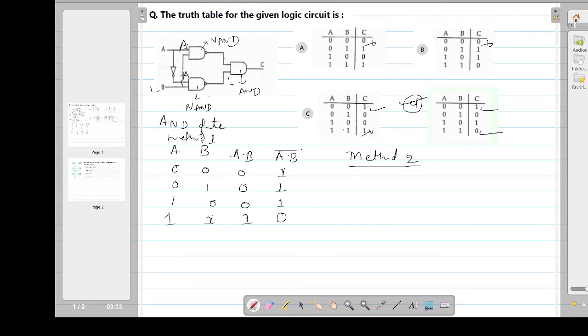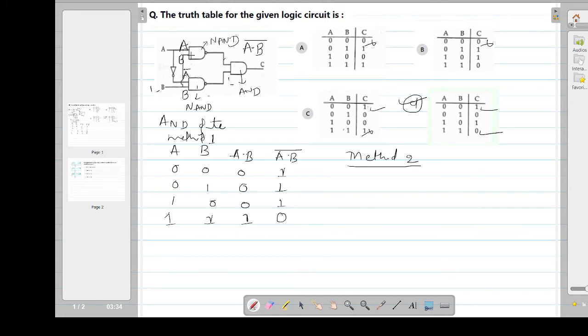So here it becomes A bar, and this is B, and here is also B. When A and B pass through the NAND gate, this becomes A into B whole bar.